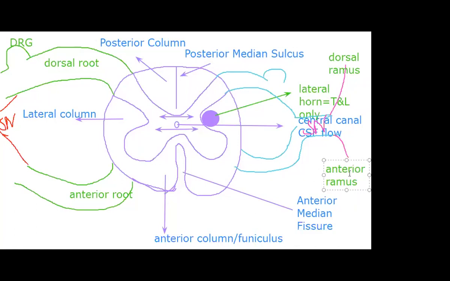Whenever we are looking at this word ramus versus the word root, this is how I want you to remember it, so that you never get this wrong on any test. The dorsal root, we said, is all what kind of information? Sensory, right? The dorsal root is all sensory information. The anterior root is all what? Motor. They come together as the spinal nerve, and it then becomes what?